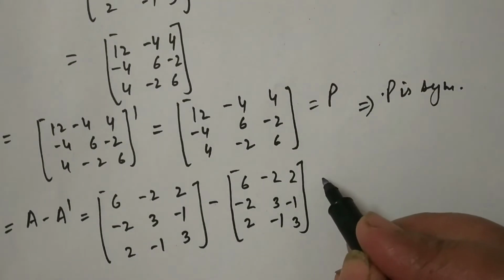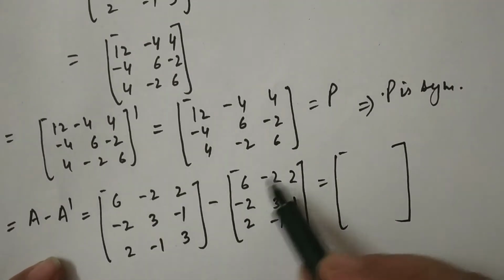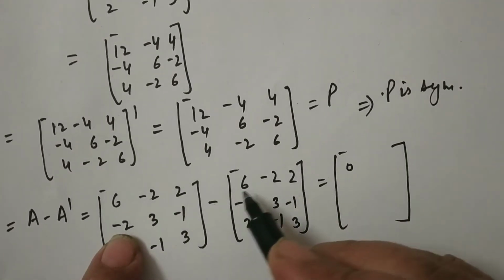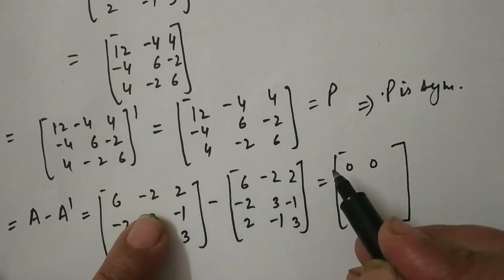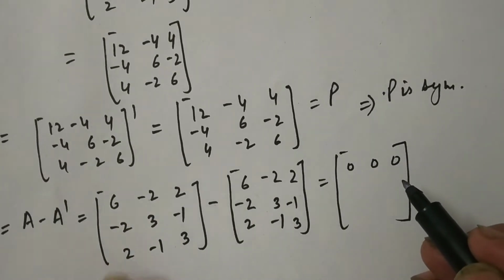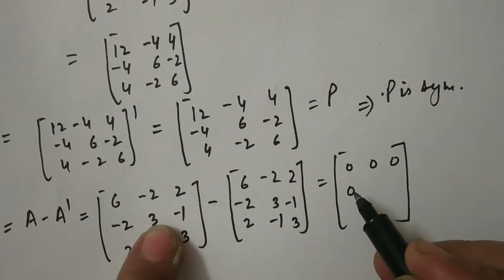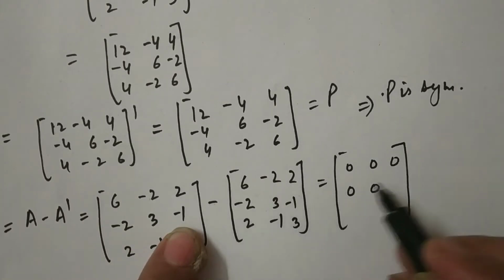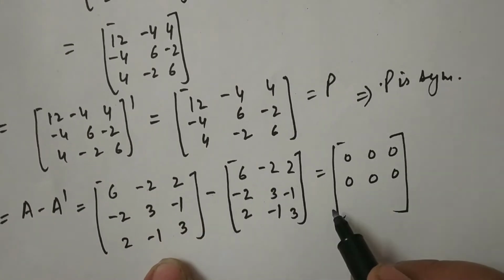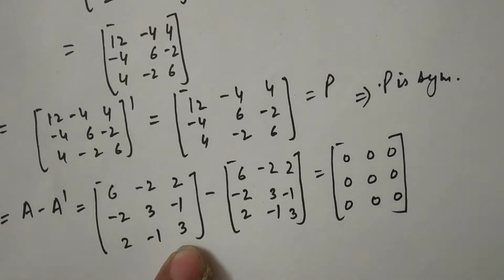What do I get again? If I subtract corresponding elements: 6 minus 6 is 0, minus 2 plus 2 is 0, 2 minus 2 is 0, minus 2 plus 2 is 0, 3 minus 3 is 0, minus 1 plus 1 is 0, 2 minus 2 is 0, minus 1 plus 1 is 0, and 3 minus 3 is 0.